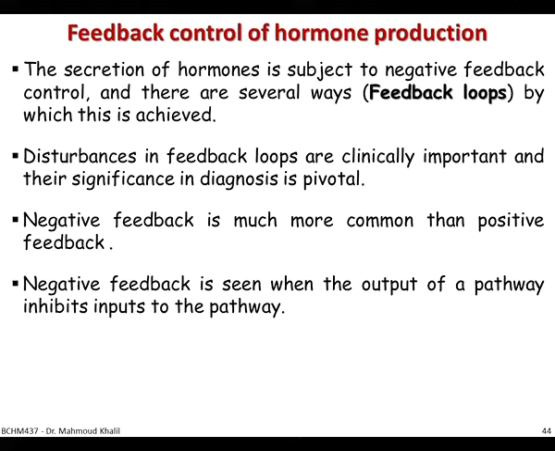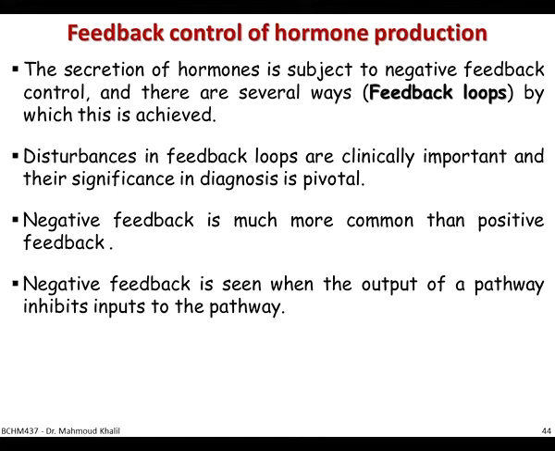In other words, negative feedback works on shutting down the input of the pathway. That means the negative loop works on decreasing the concentration of the hormone in the blood, which is the input of the pathway.